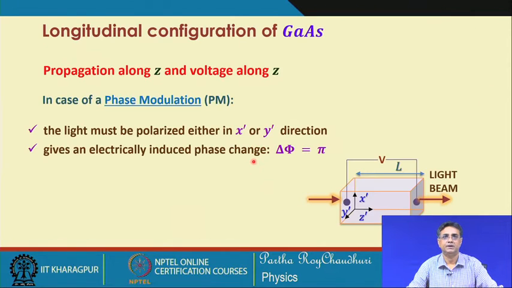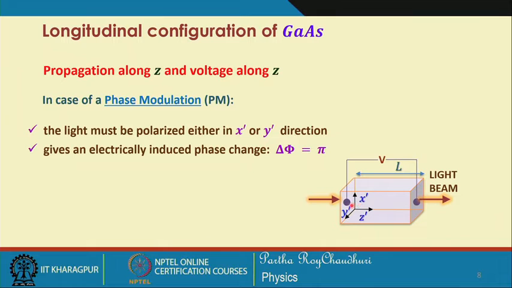So, let us look at this configuration, where we launch light along x prime or y prime, any of these directions, and light propagates along the z direction, which is z prime, because z and z prime are the same.